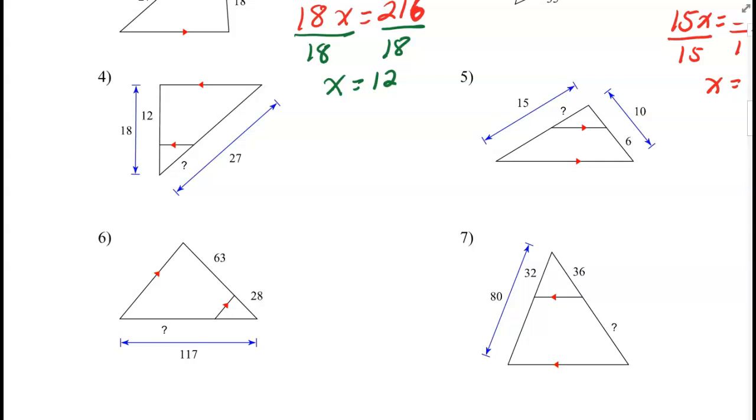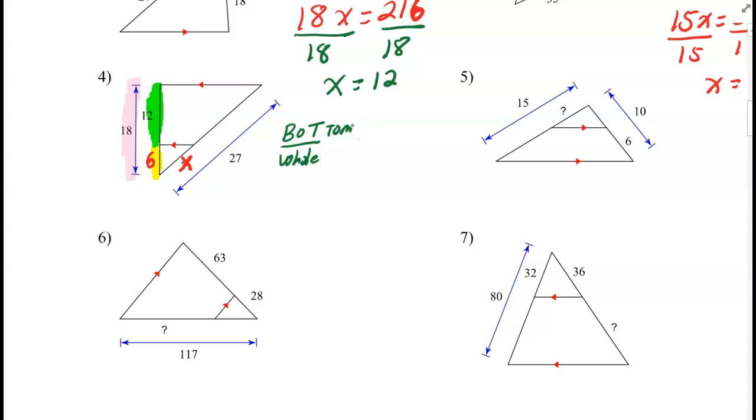So let's take a look at example number 4. I know the whole thing here is 18. I know the top piece is 12. So I could find this yellow piece by doing 18 take away 12. So the yellow piece is 6. I'm going to call the question mark x. And this time I'm going to use the idea of the bottom part over the whole.